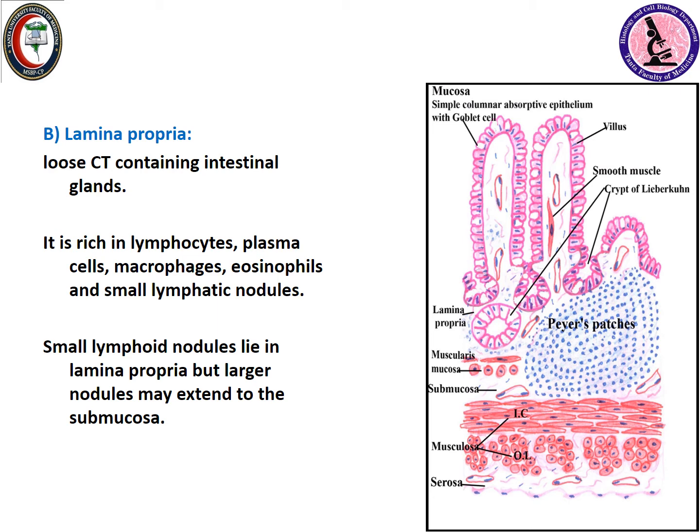The small lymphatic nodules lie in the lamina propria, but if a lymphatic nodule becomes larger, it may extend to the submucosa. What is a lymphatic nodule? It is an aggregation of blood lymphocytes.